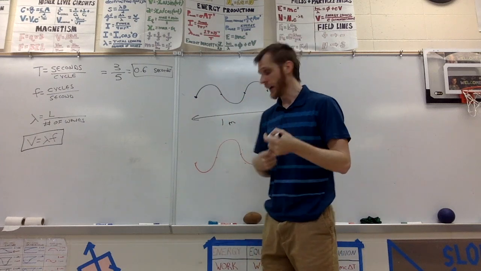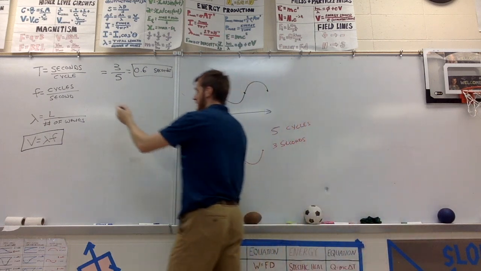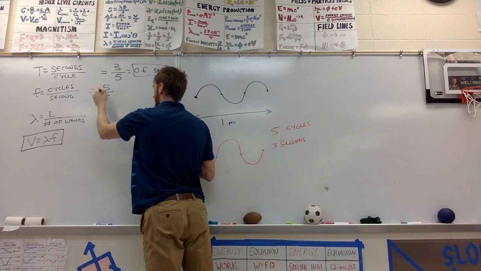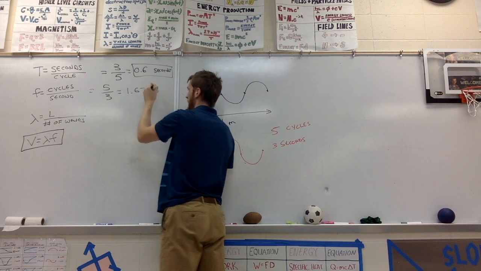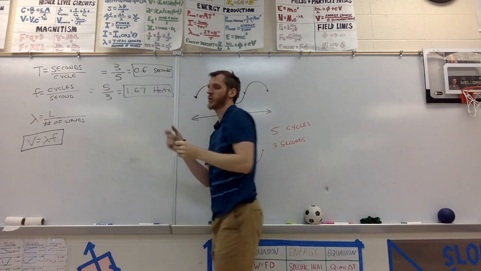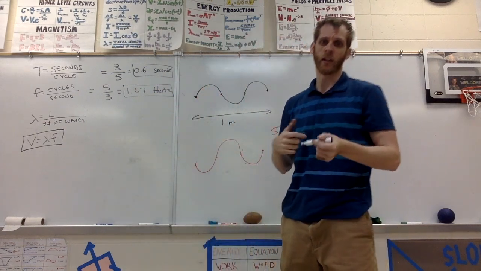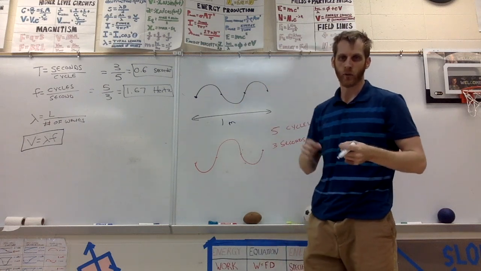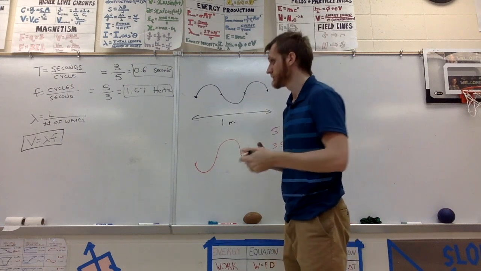It's the opposite of that. It's cycles per second. So my frequency is 5/3, or 1.67 cycles per second. Another way to say cycles per second is hertz. So it's going up and down 1.67 times in a second, which is why I need to slow the video down. It's hard to count that fast.